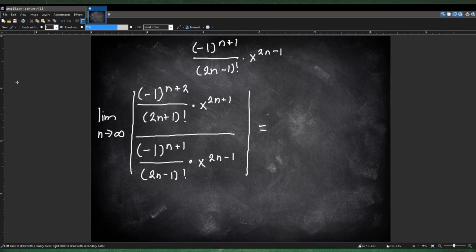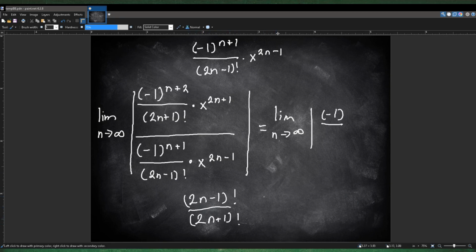So what does this simplify to? Well, that's the limit as n approaches infinity of the absolute value. So then -1 to the n plus 2 divided by -1 to the n plus 1. It's basically just -1 on top, divided by. So we have 2n minus 1 factorial on top, because if you do the reciprocal, it's on top, divided by 2n plus 1 factorial on the bottom, right?